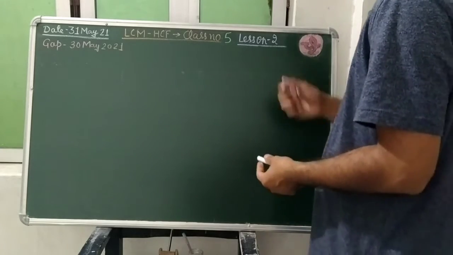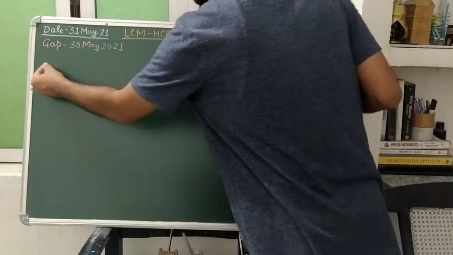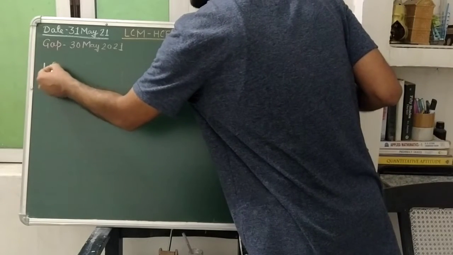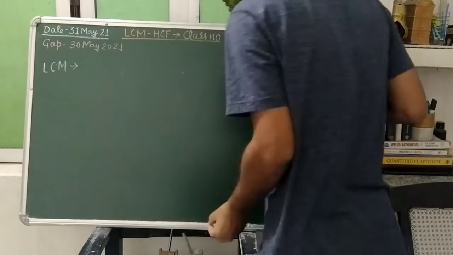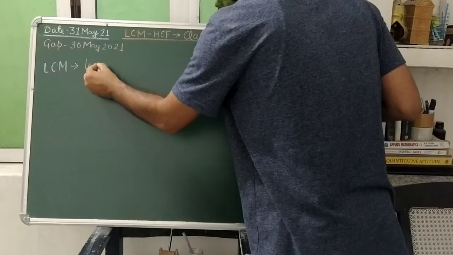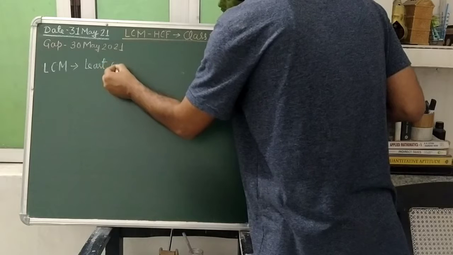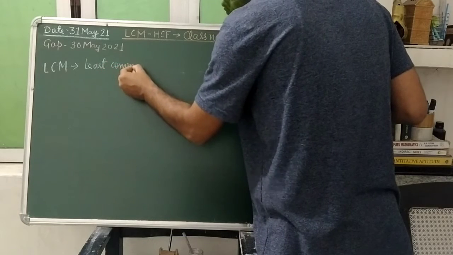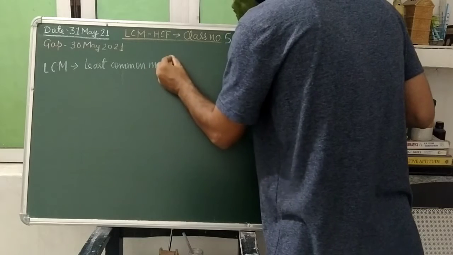Of course students, we are talking about the LCM and HCF. So we are talking about the LCM, whose full form is, students, least, or you can say lowest, least common multiple.